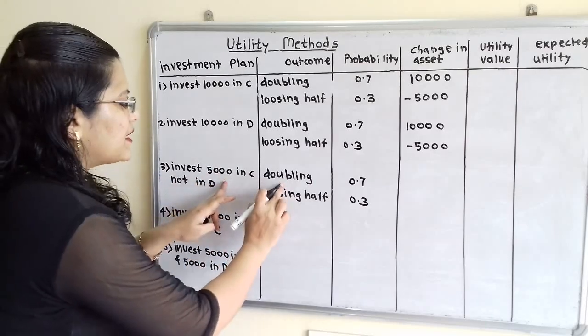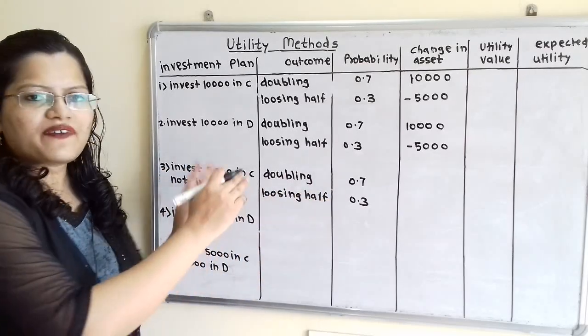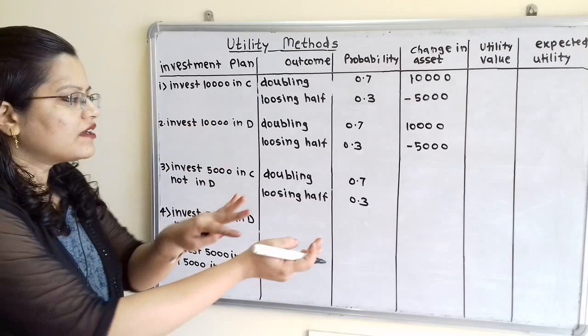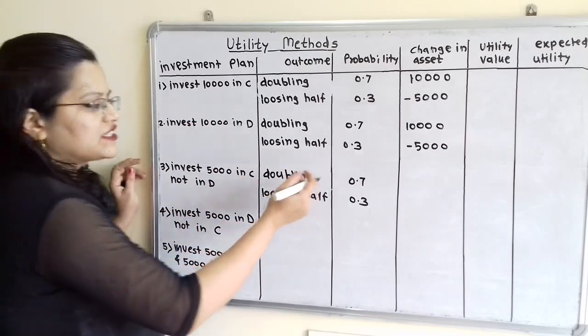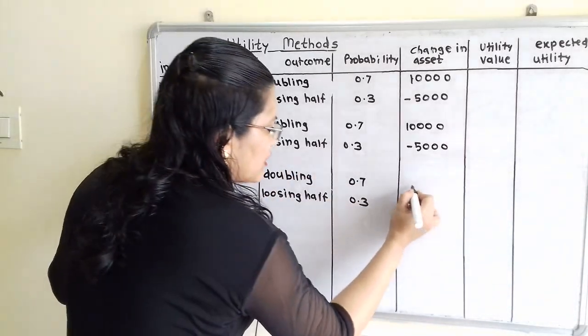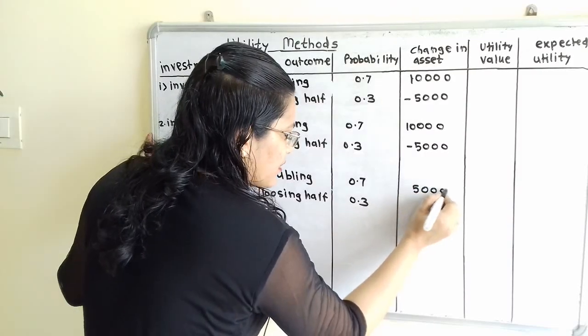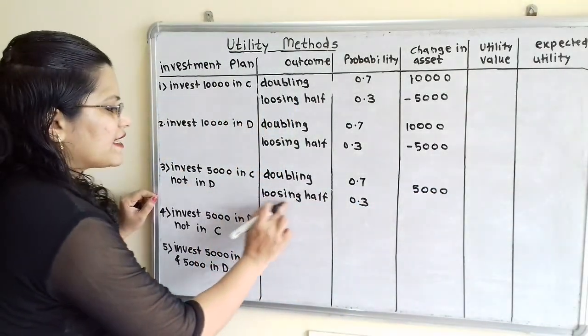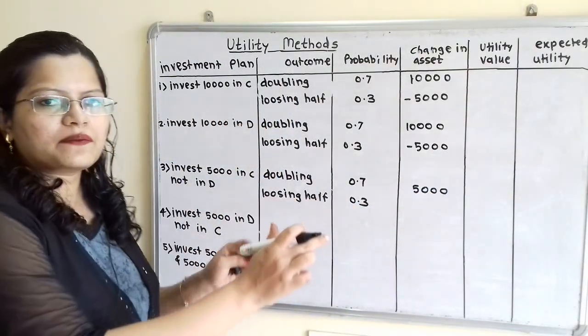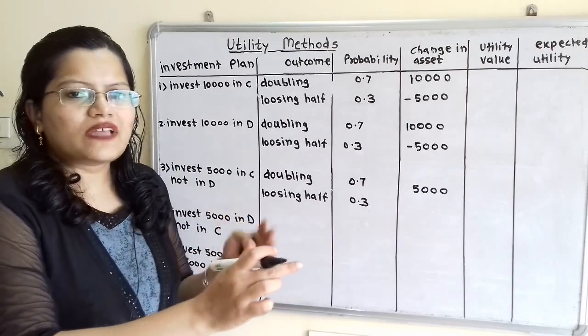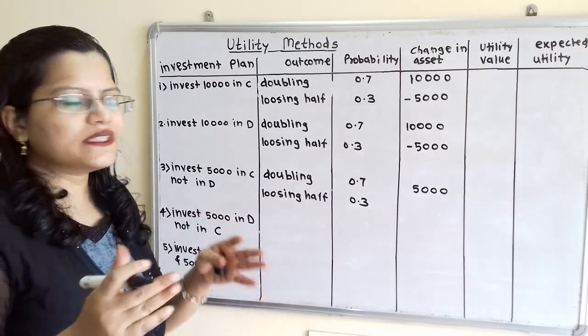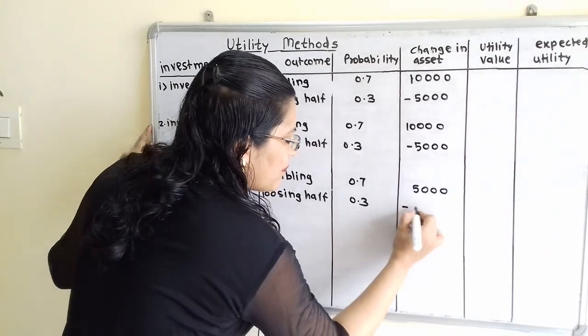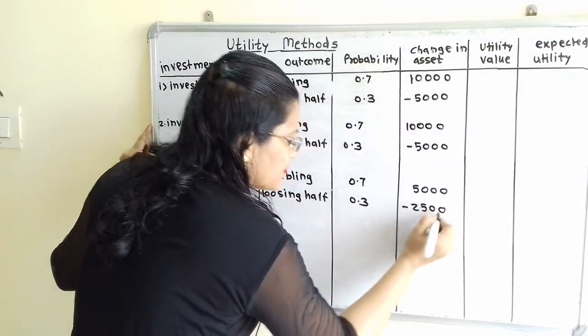When the money is doubled, this 5,000 will become 10,000. So what is the change in asset? An extra 5,000, so the change in asset is 5,000. And losing half means 2,500 rupees are lost, so we write minus 2,500.